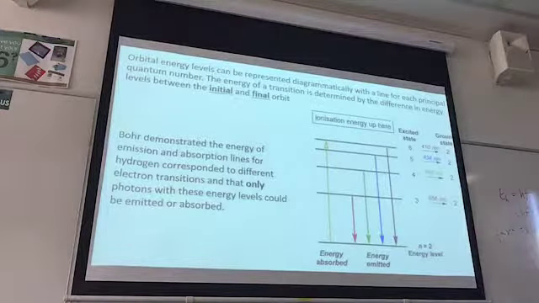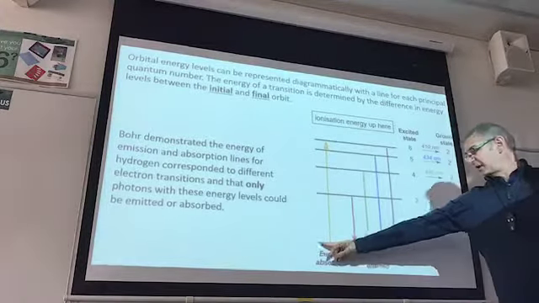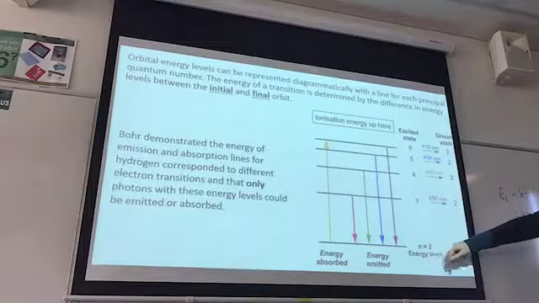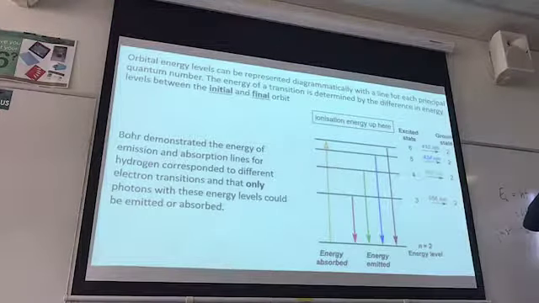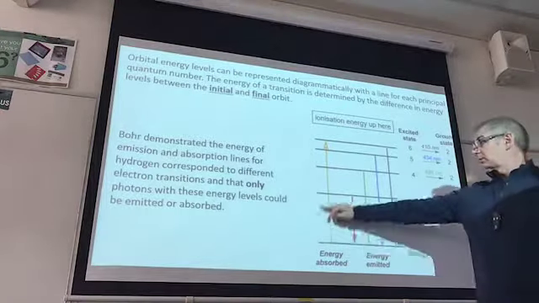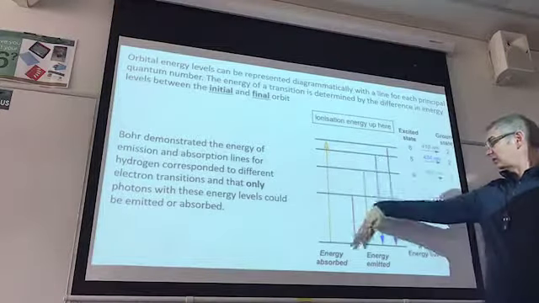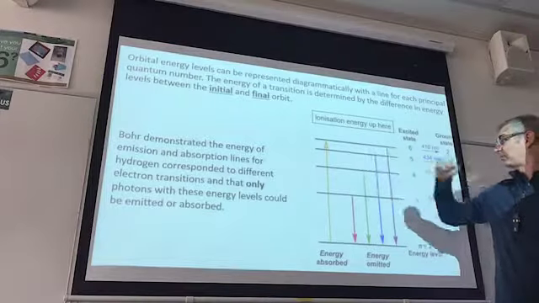Okay, so this shows the different levels. We can see this base level here, which is an energy level of n equals 2, and it can jump up to there. That energy would be absorbed, or it can be jumping between them.